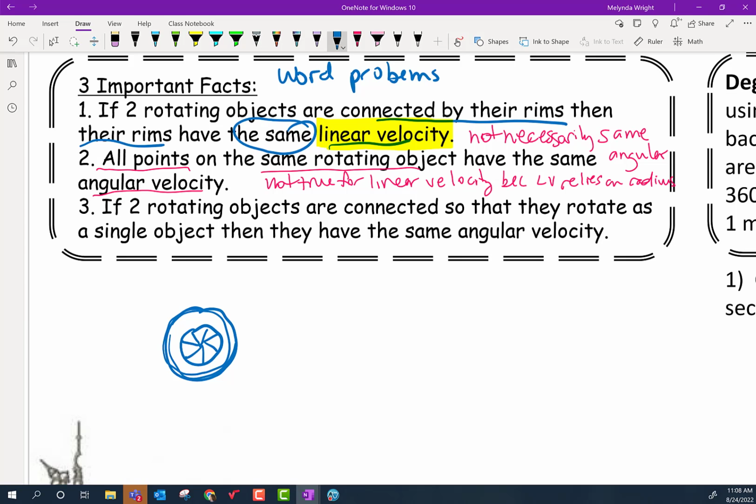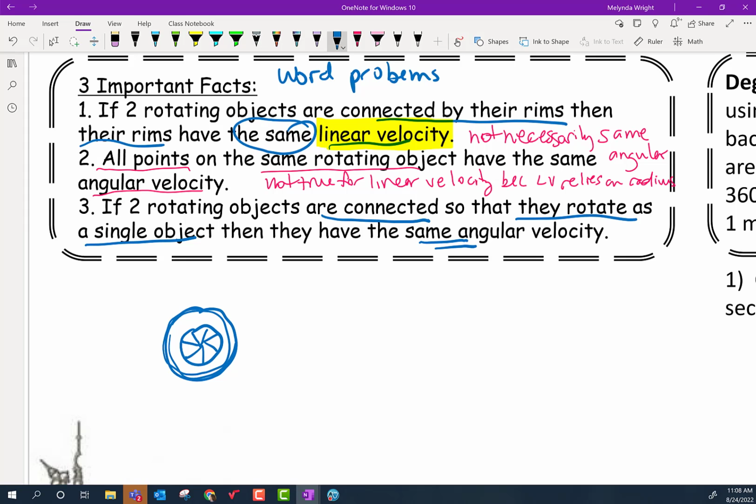These 2 rotating objects, even though they have a different radius, they're different sizes, they're connected and they rotate as a single object. They would have the same angular velocity. Would they have the same linear velocity?